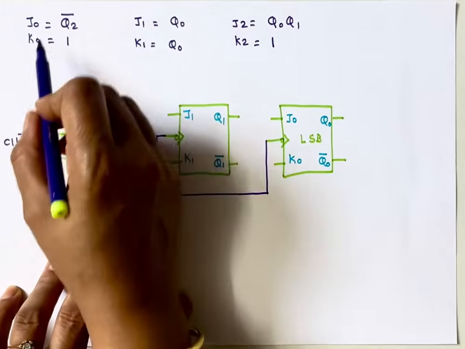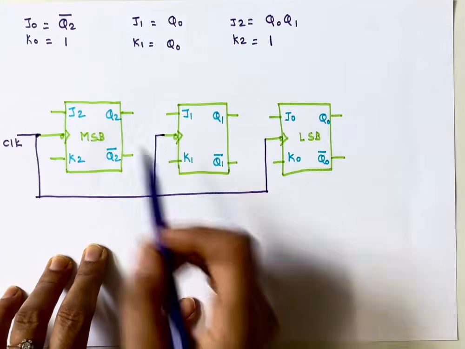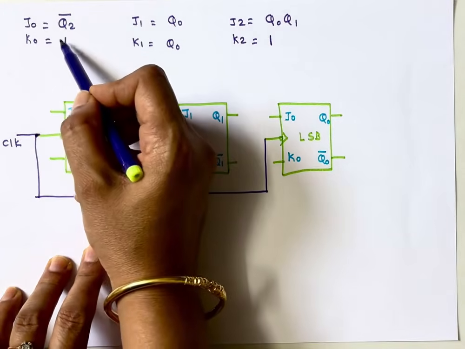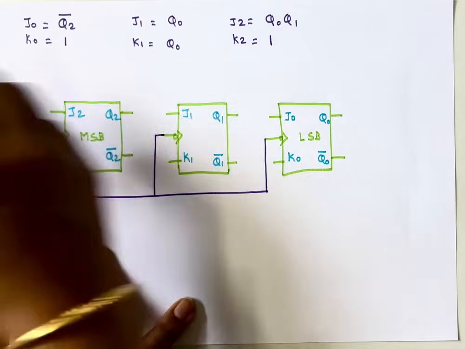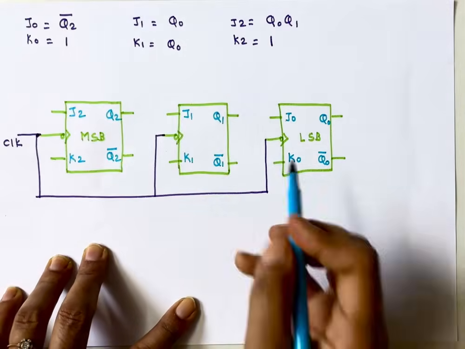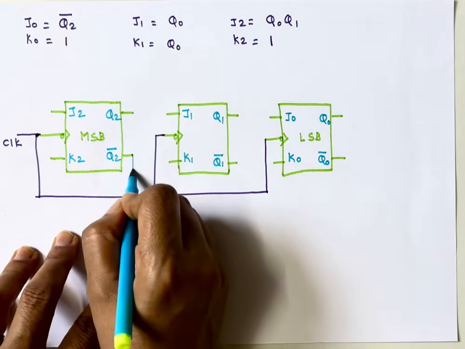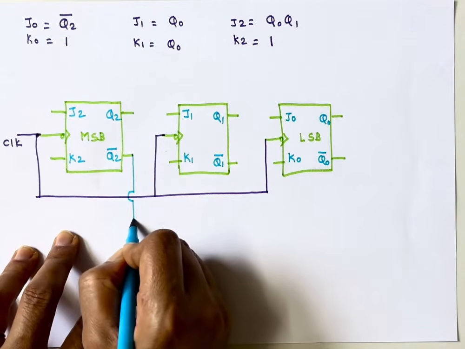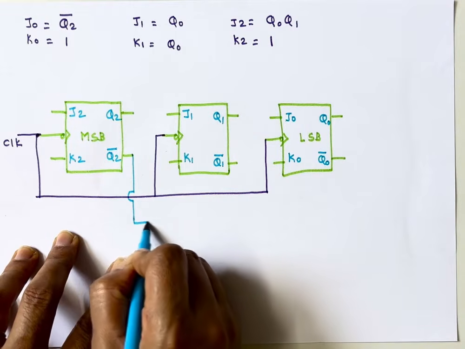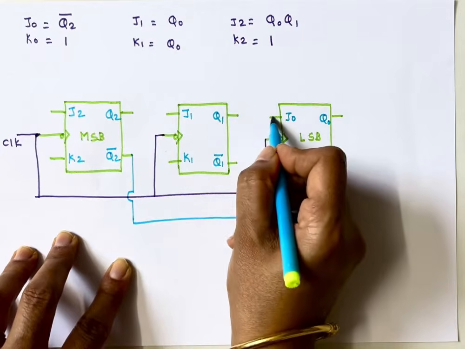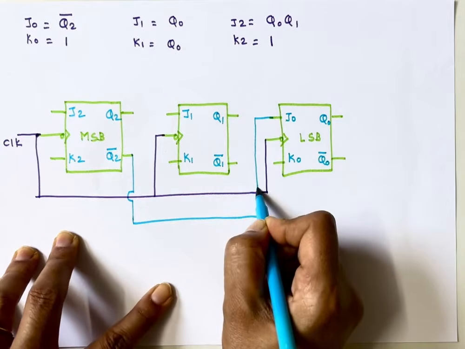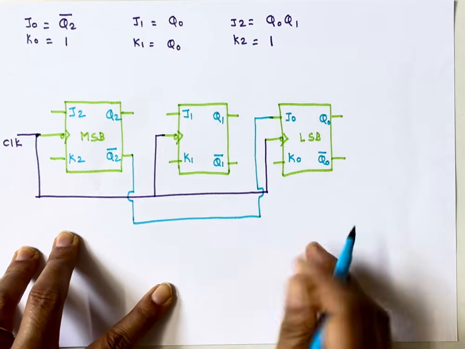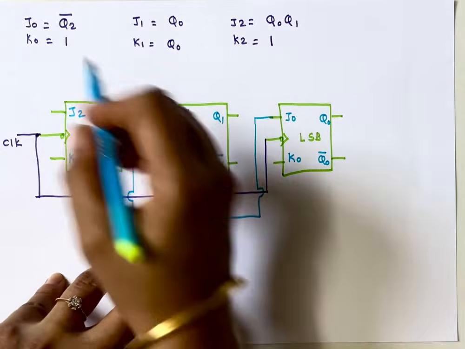Next, look at the equations. We'll start with J0 and K0. J0 is Q2 bar. I'll take Q2 bar from here and connect it to J0. What about K0?